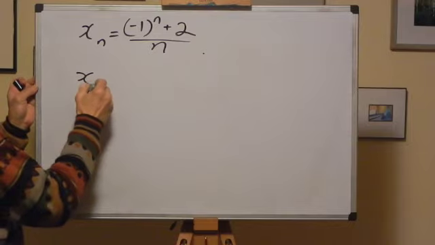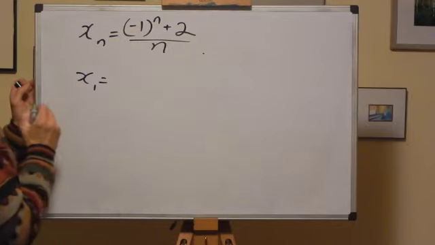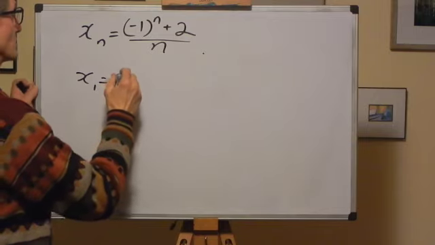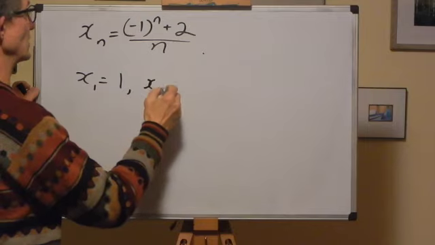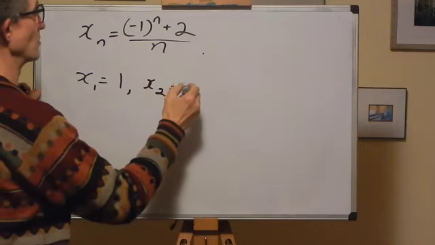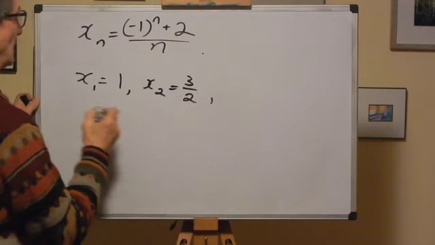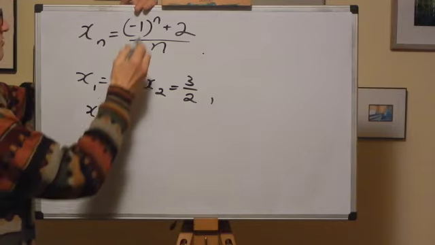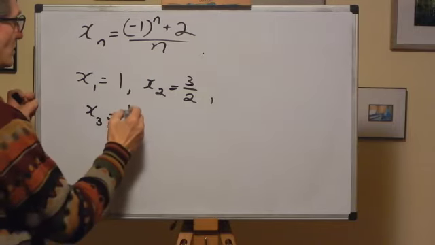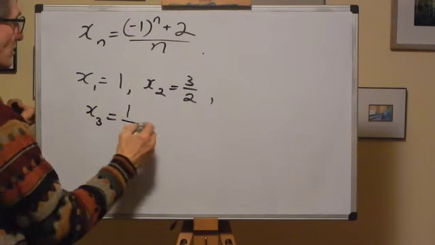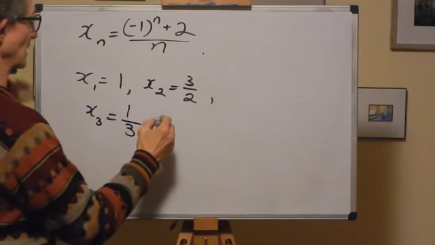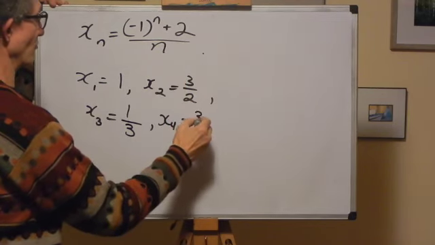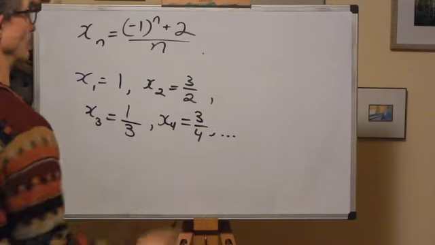So x1 is minus 1 to the 1, which is minus 1, plus 2, which is 1 over 1, so that's 1. x2 is plus 1 plus 2 over 2, or 3/2, and x3 is minus 1 plus 2, which is 1 over 3, and x4 is 3 over 4, and so on.